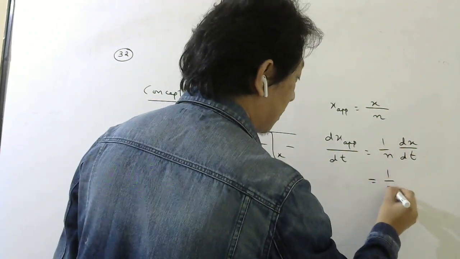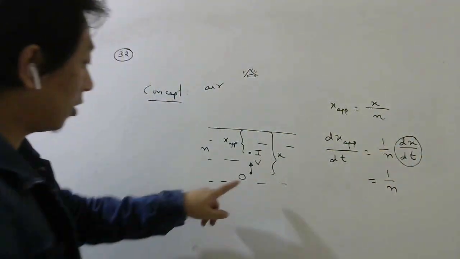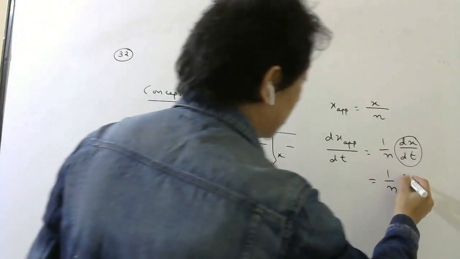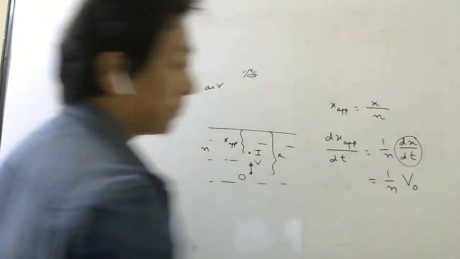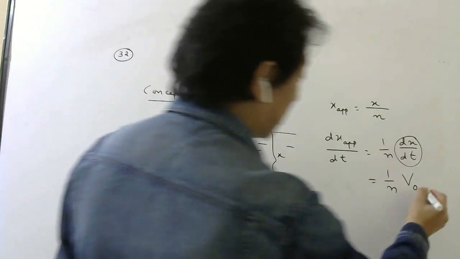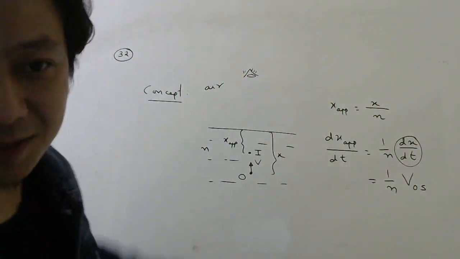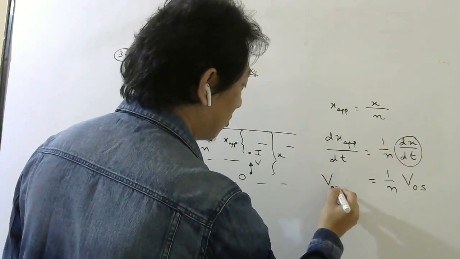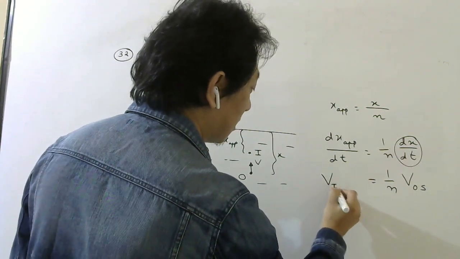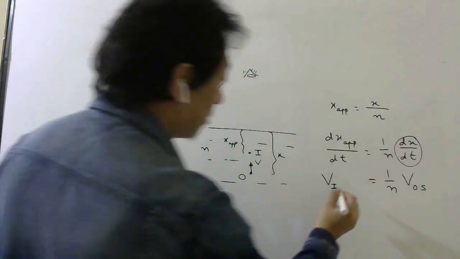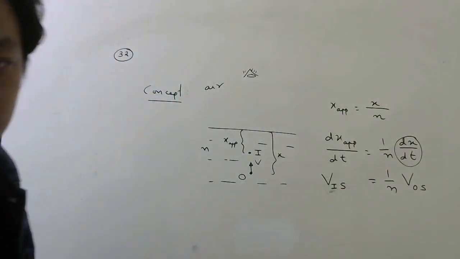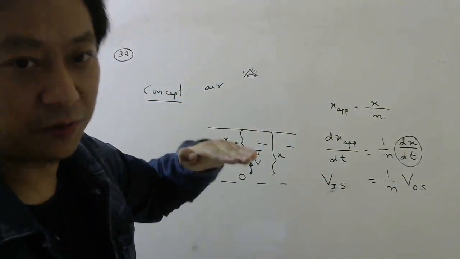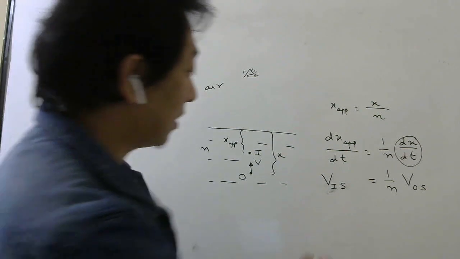This is 1 by n. Now this is velocity of the object, because this x is distance of the object from the surface. So this is velocity of object with respect to surface actually. Then this is apparent velocity, or you can say velocity of image with respect to surface. Okay, so now the surface usually will be fixed. Then if the surface is at rest, then you can remove these two.